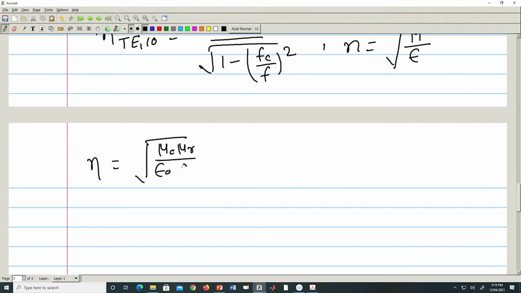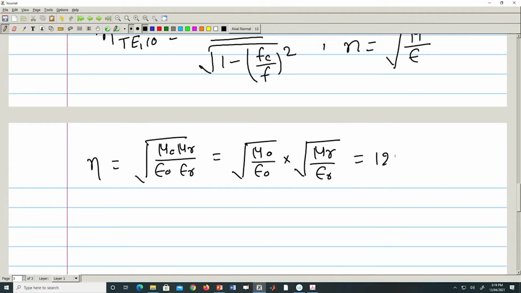So this first part will be 120 pi, into the second part, where mu r is 1 and epsilon r is 4. The square root of 4 will be 2, and this will be 60 pi ohm. So this is eta for this case.